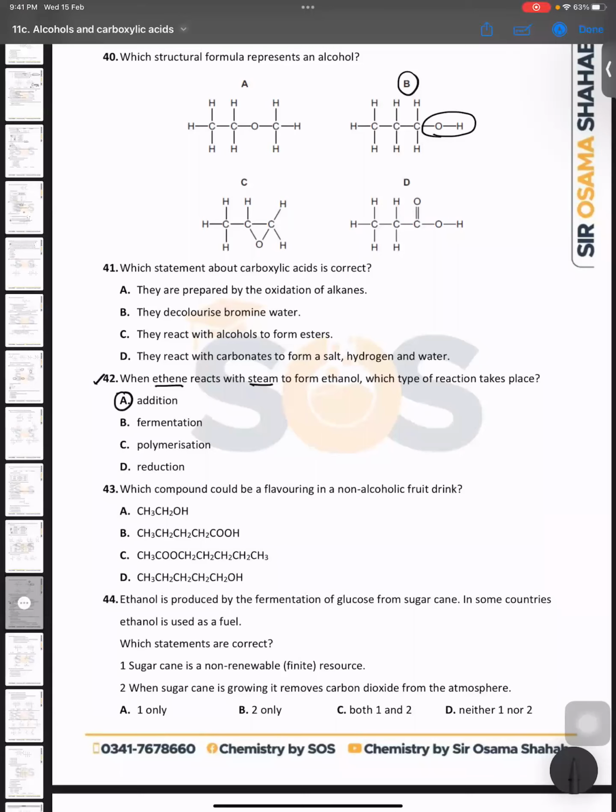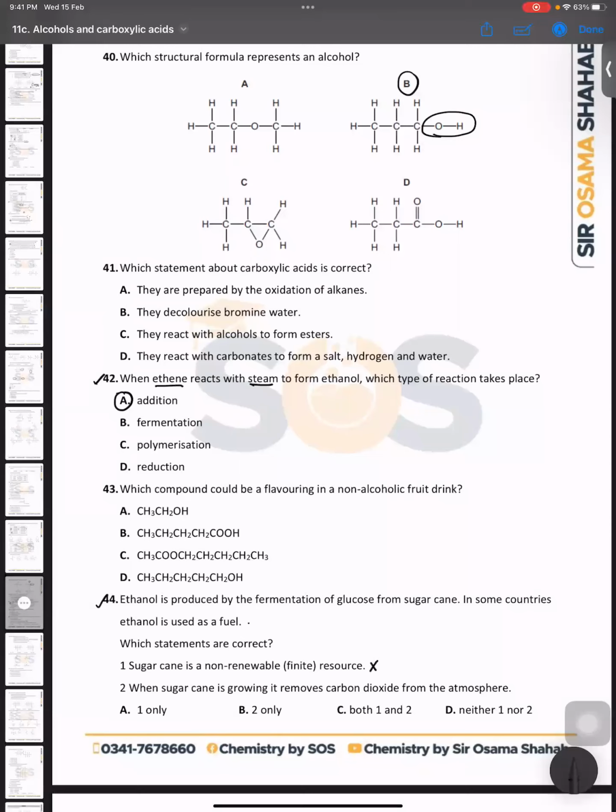Yes, sir. Then question number 44. Ethanol is produced by the fermentation of glucose from sugarcane. In some countries, ethanol is used as a fuel. Which statements are correct? Sugarcane is a non-renewable source. Is that right? Sugarcane can be planted, right? It means it is a renewable source, not a non-renewable source.